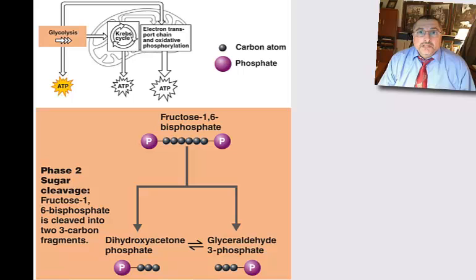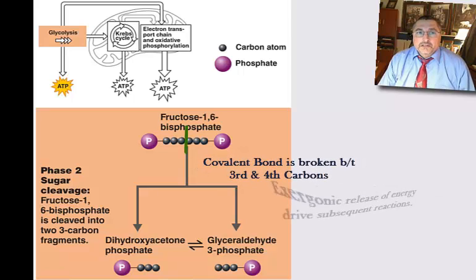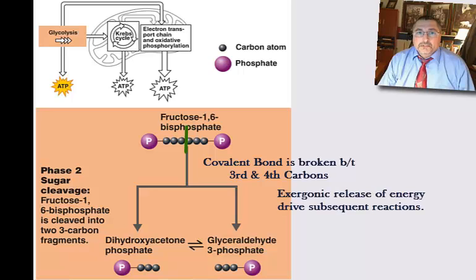Sugar cleavage is the phase in which the covalent bond between the third and the fourth carbon of fructose 1,6-bisphosphate is cleaved, creating two 3-carbon molecules using an enzyme known as aldolase. This is the only covalent bond broken during glycolysis. This bond breakage will permit energy to drive the subsequent reactions in glycolysis.